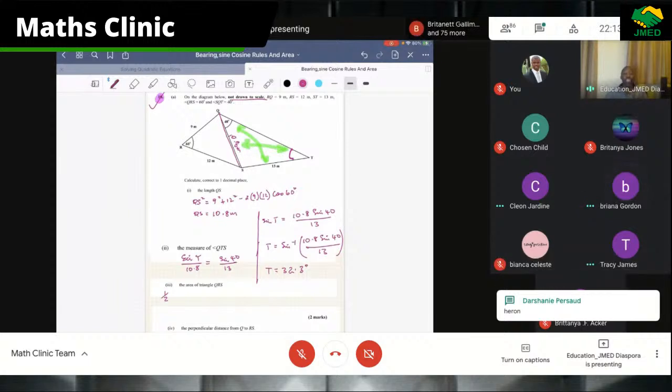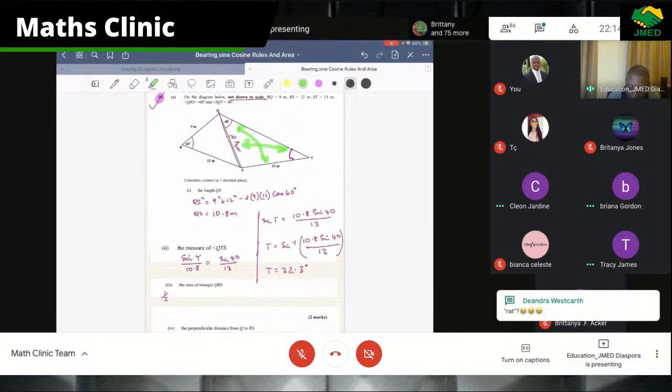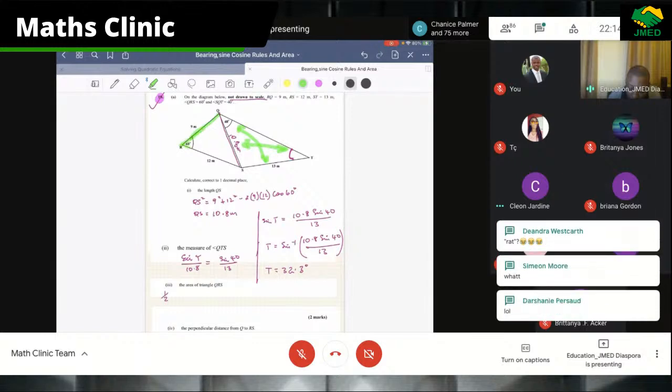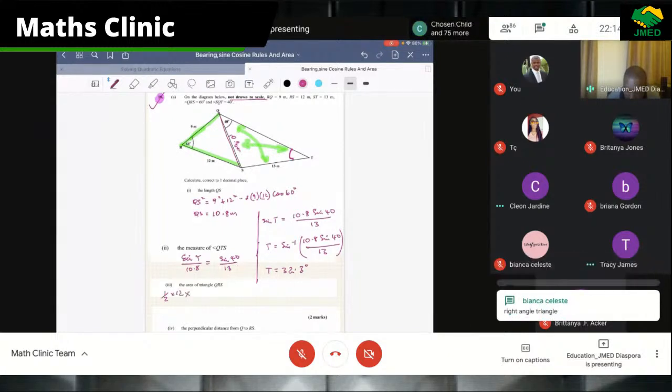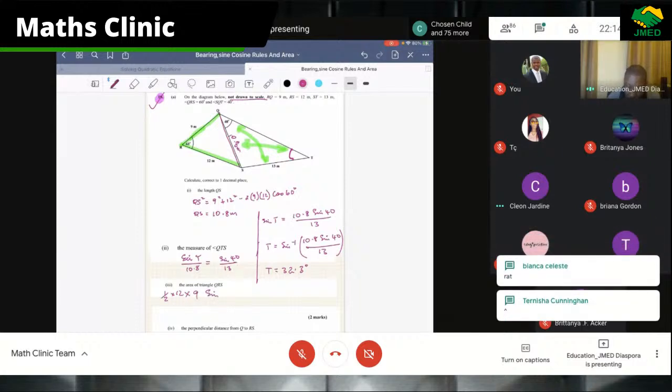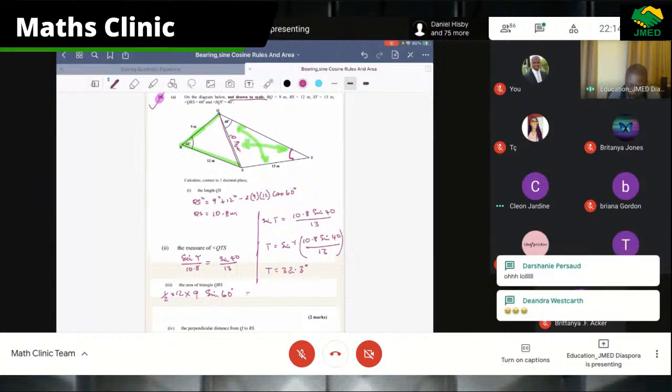When it's not a right-angled triangle, it is what? Half AB sine C, yes? So remember, it's the angle that is in between. So we're looking at these two sides here. So it's half of 12 times 9 sine 60 degrees, yes? And what's the solution there for area?